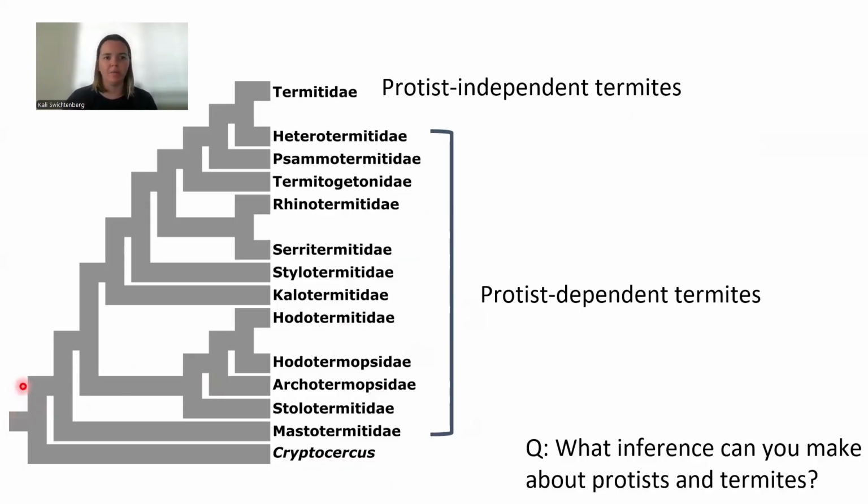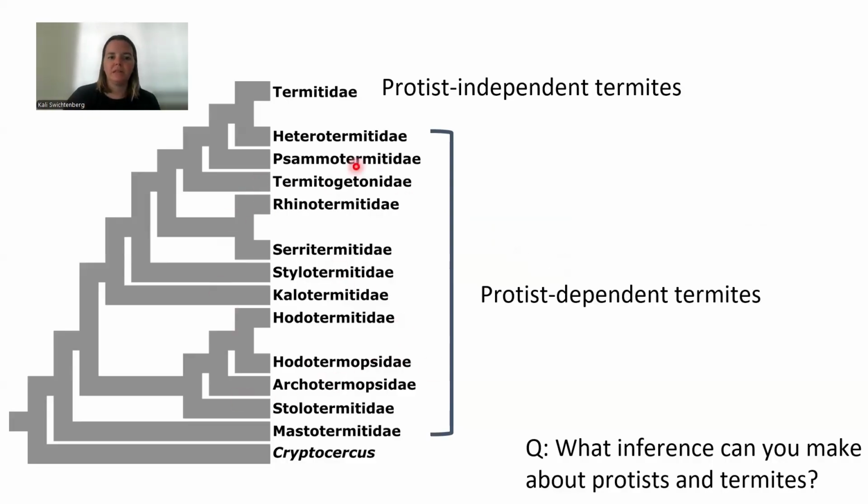Because that would be one step of gaining protists rather than having multiple steps between Cryptocercus and termites gaining these wood-digesting protists. So they most likely entered into the guts of an ancestor of Cryptocercus and termites.